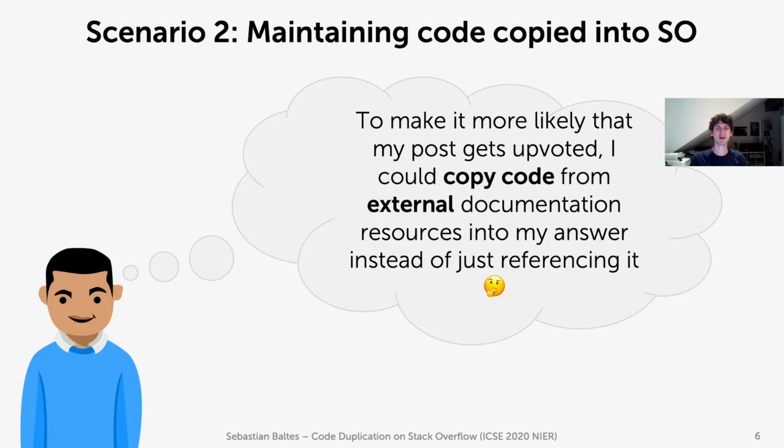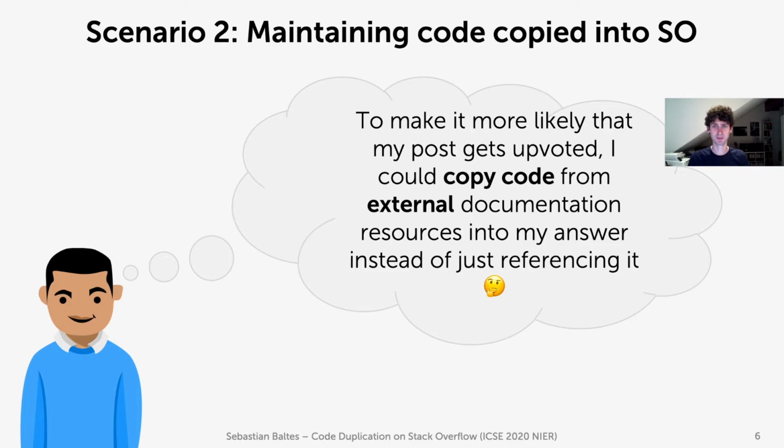The second scenario is about maintaining code copied from external sources into Stack Overflow. So for example, a user might decide to copy a code snippet from some external documentation resource into their post to make the post more attractive for others to upvote, to maybe reuse the code, and in the end, again, to make the answer more upvotable and thus increasing their own reputation.